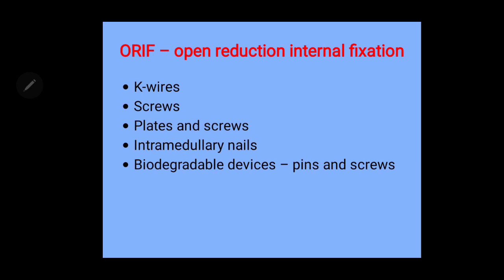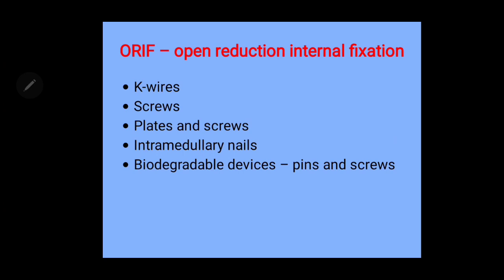So when we talk about screws, these are very commonly used, maybe used alone, or also these can be used in combination with the plates and intramedullary nails. And the newest devices that we use nowadays are biodegradable devices. So we are using them already. We are still using them quite carefully as any new method, but there are some specific indications for these devices.